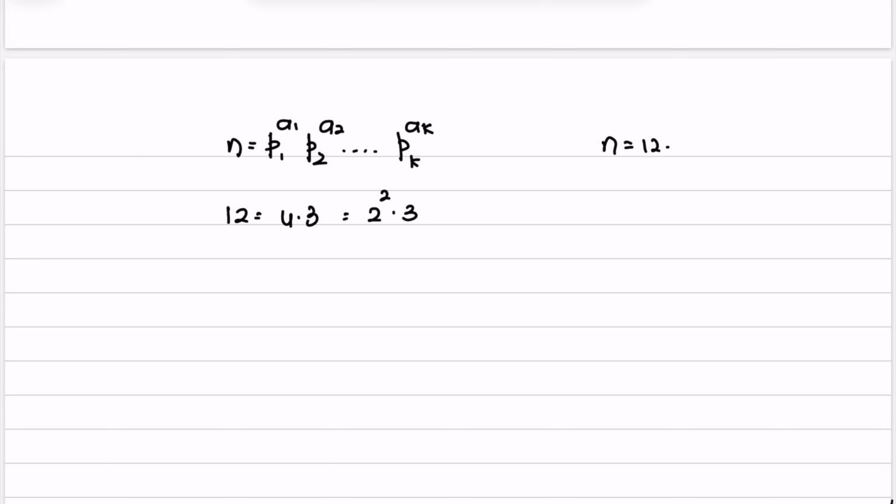This is the smallest prime factor SPF, which I have discussed in my previous lectures, to the power of A1. Here it implies P1 is equal to 2, A1 is equal to 2, and P2 is equal to 3, and A2 is equal to 1. Do you agree?